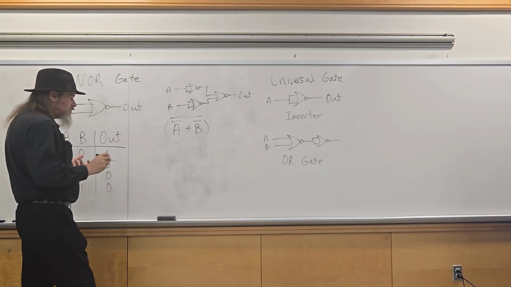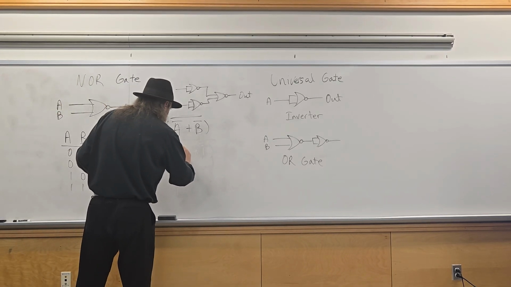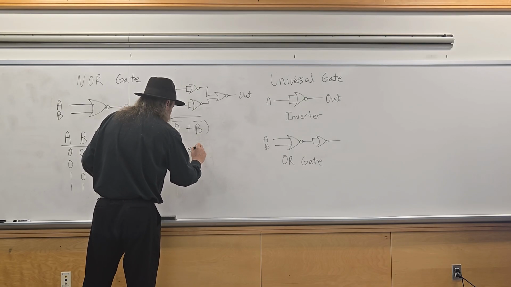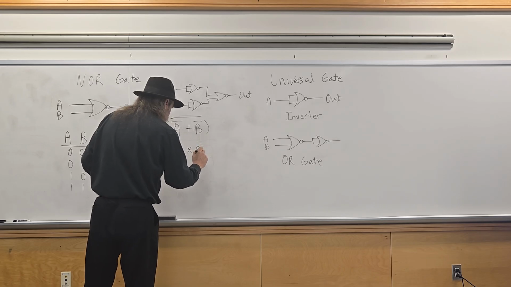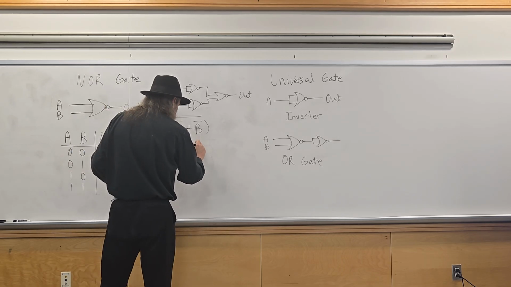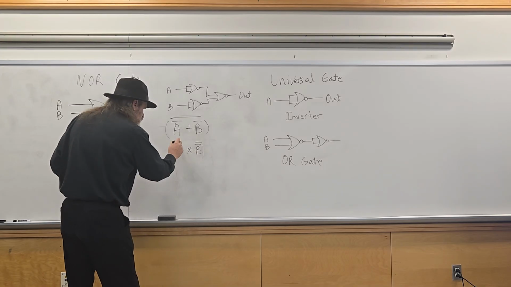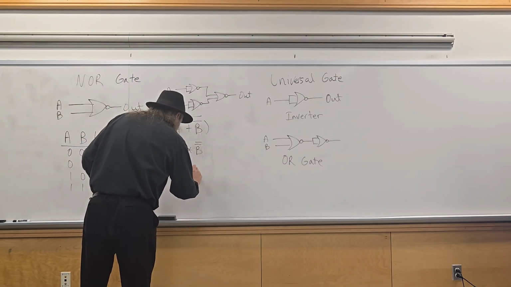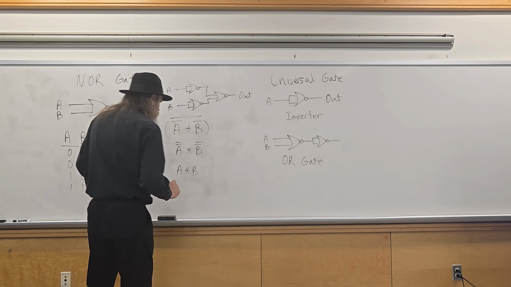And then by De Morgan's law, you would break the bar, and the two bars cancel out, leaving A star B.